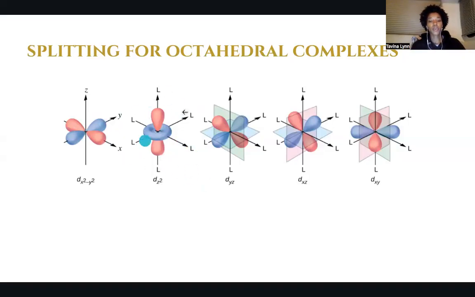In this orbital, the ligands are directly pointing towards the d orbitals along the z-axis. And then when we look at these three orbitals, the lobes are pointing between the ligands. So there is less electron repulsion, essentially.